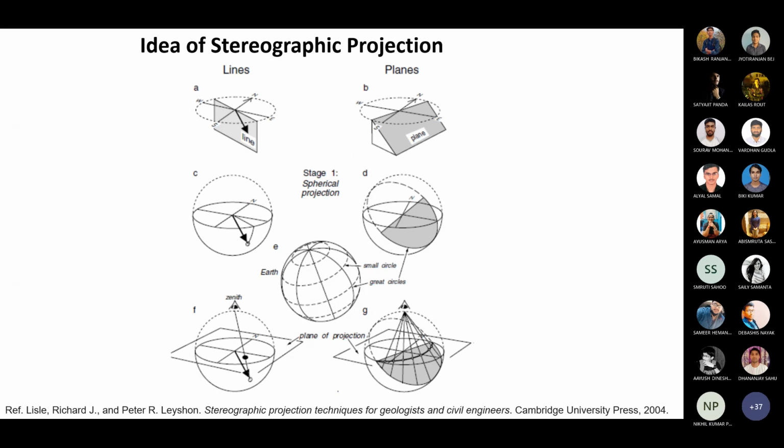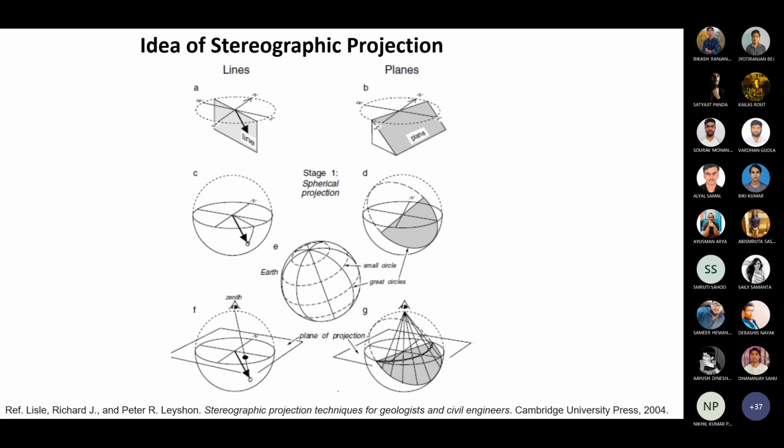Now we are going to understand a little bit of the critical part: how you are going to understand, stage by stage, the idea of stereographic projection, how to develop the concept, and how stereographic projection is going to apply to such relationships.